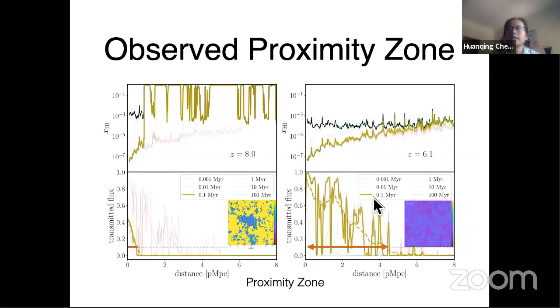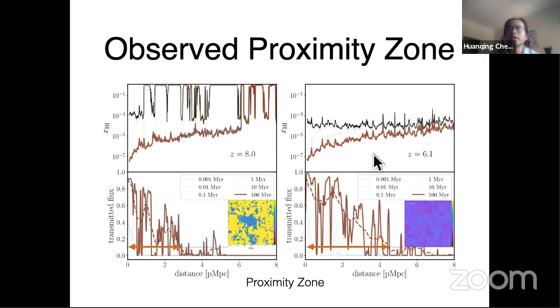As you can see, within 0.1 million years, the proximity zone size already grows to a large value. And afterward, this doesn't change much since the ionization equilibrium is established almost.